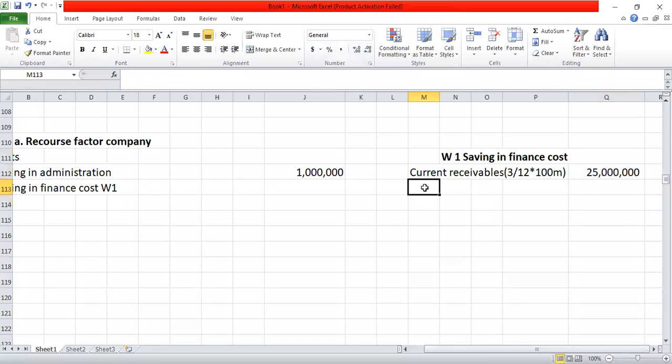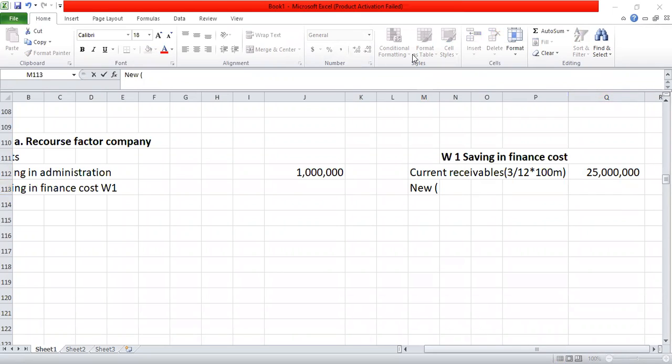And our new receivable after employing the factor company is going to be, it depends.